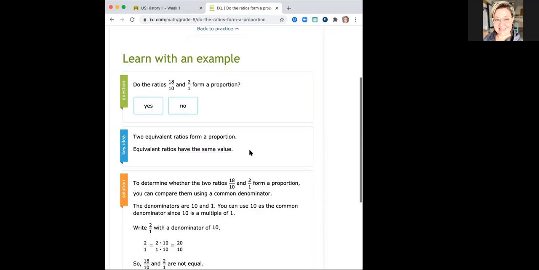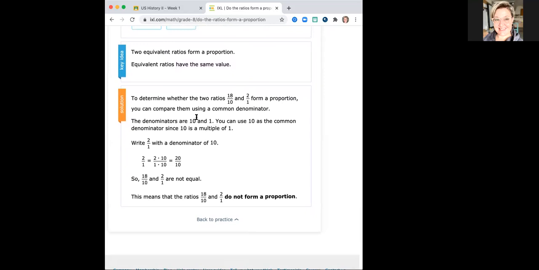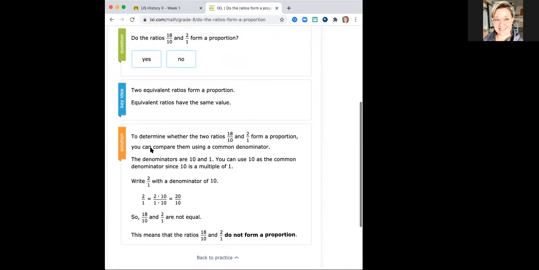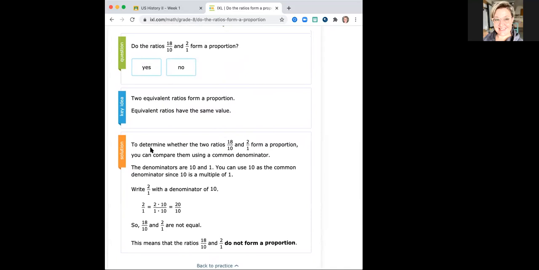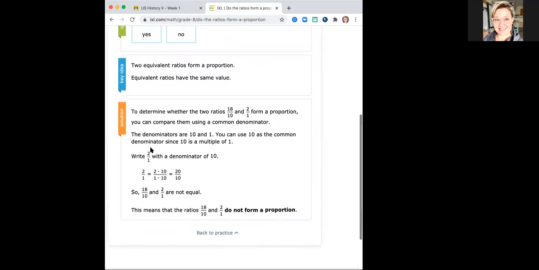Now, here we go in and we're going to determine if they are a proportion, so if they have an equivalent value. One of the ways you can do that is to compare them using a common denominator, which is something that we've done already. In this one, you can see that we've taken the 2 ratios, 18 over 10 and 2 over 1, and we are going to first find the common denominator.